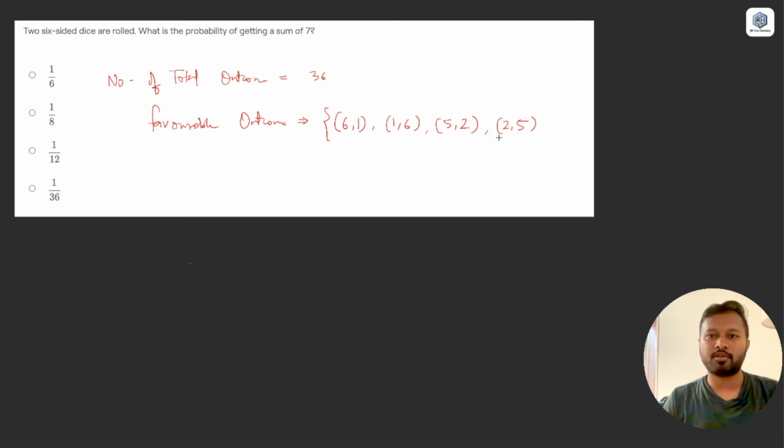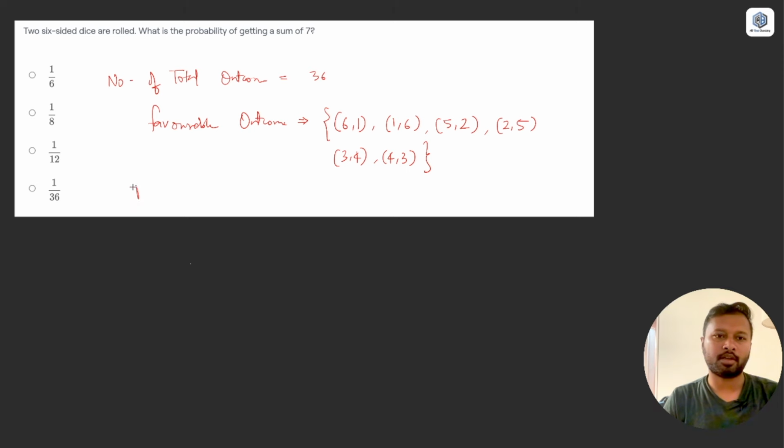Then you have 3 and 4, then 4 and 3. Is there any other way of getting 7? I don't think so. There is no other way of getting 7. These are the only outcomes in which, if you add them, you get 7. So 1, 2, 3, 4, 5 and 6.